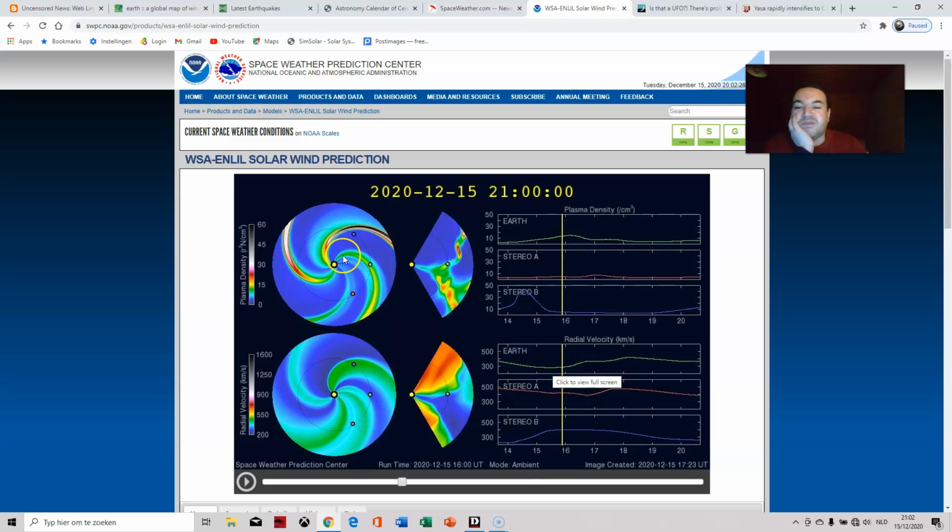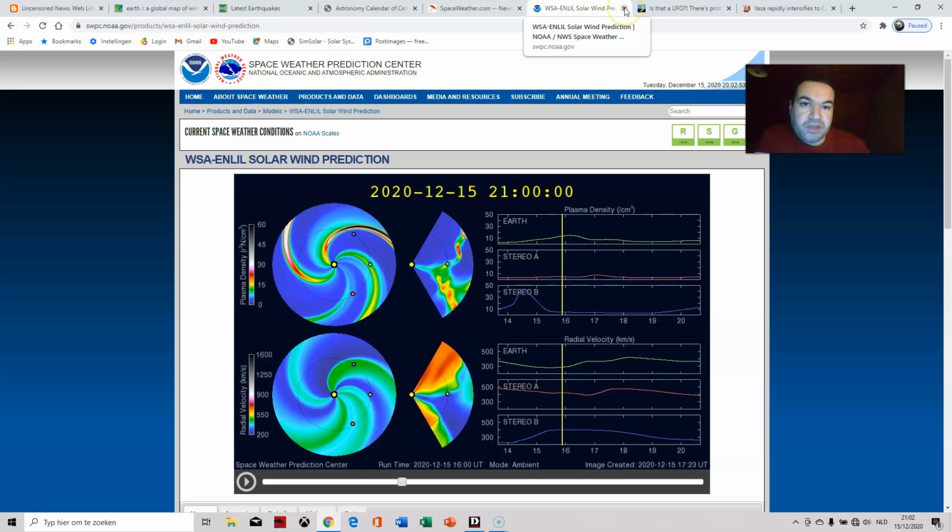We can see, in fact, that we are in an area of high density. So this is a stream of protons, high density but low speed. This is, in my opinion, not going to create any meaningful space weather condition.